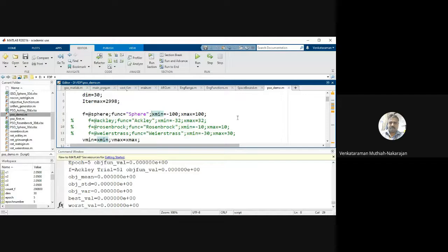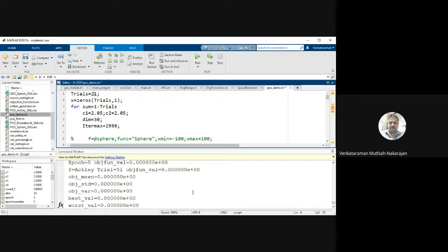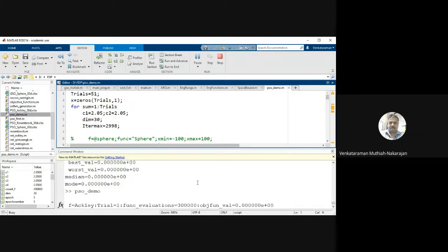We'll try to do a similar thing for the active function. So trials is 51. I hope this will be somewhat faster.